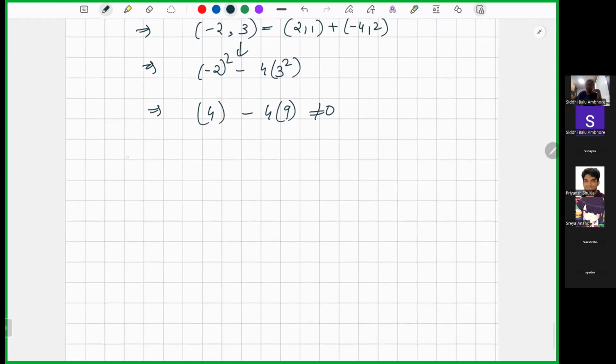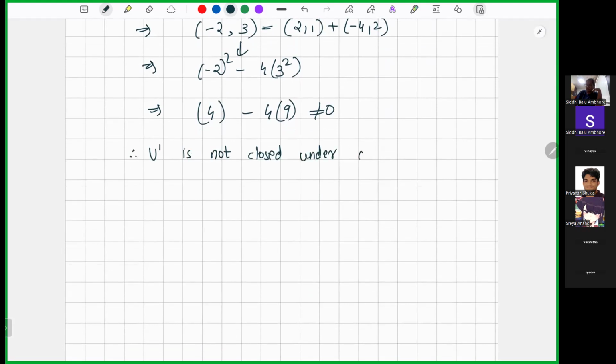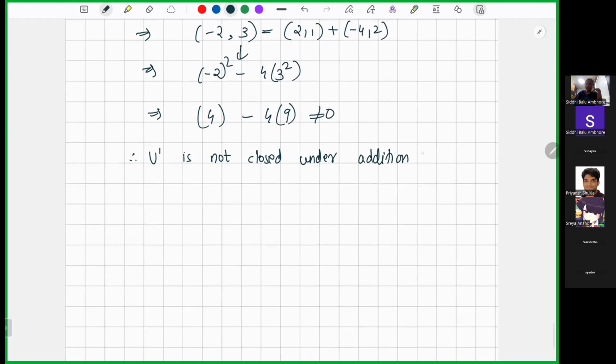So U dash is not closed under addition. Hence, therefore, U dash is not a subspace of R2. Is there any doubt here, like how we check that this set is not a subspace of R2?